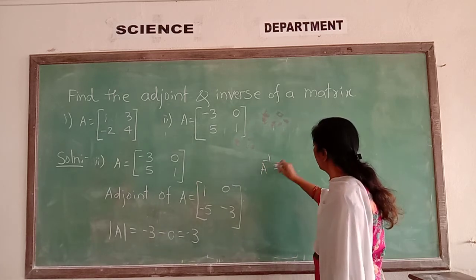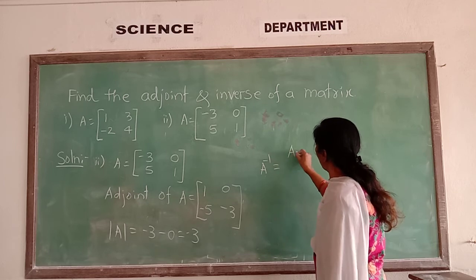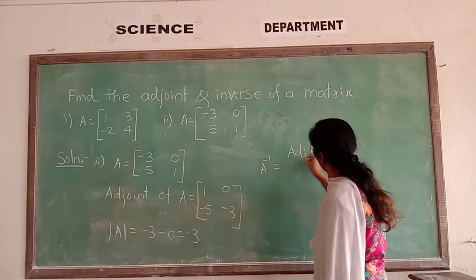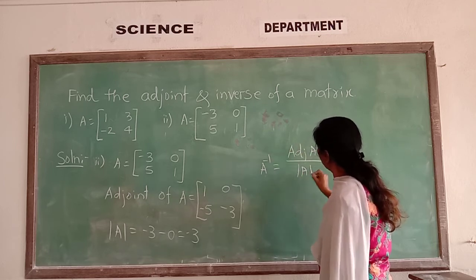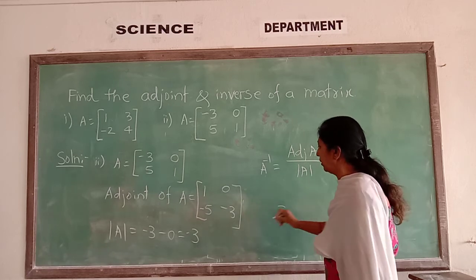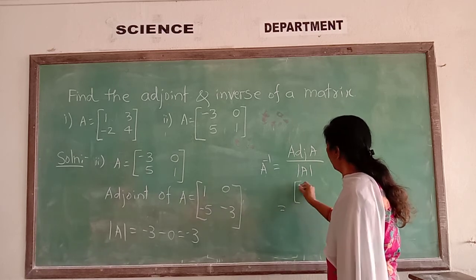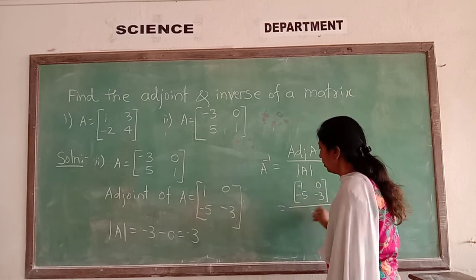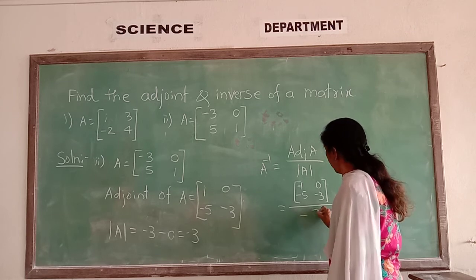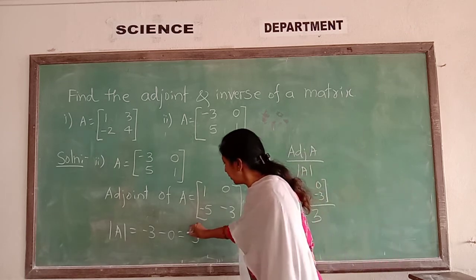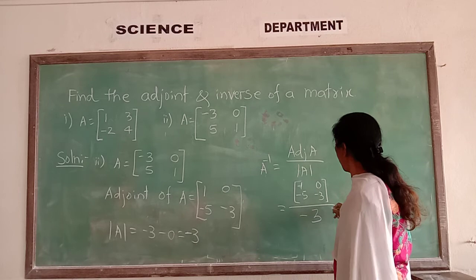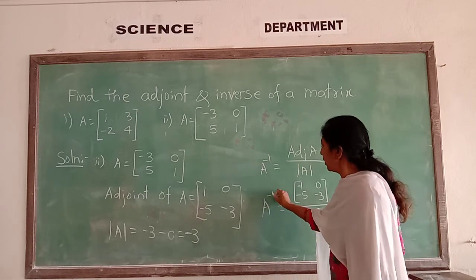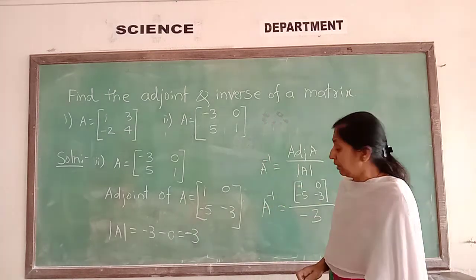A inverse is adjoint of A upon determinant of A. So the adjoint of A is this, that is 1, 0, minus 5, minus 3, whole upon minus 3. This is A inverse.